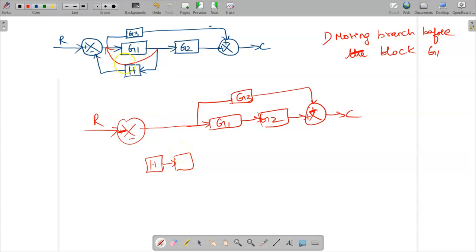This branch is moving before the block G1, so you have to include that G1 in that line. So you have to redraw this diagram like this. When you move the branch before the block G1, this G1 gain you have to multiply with your H. Other terms will remain the same.